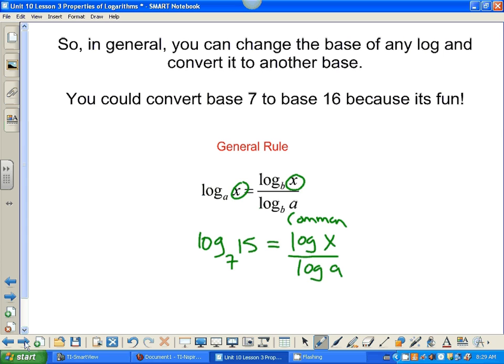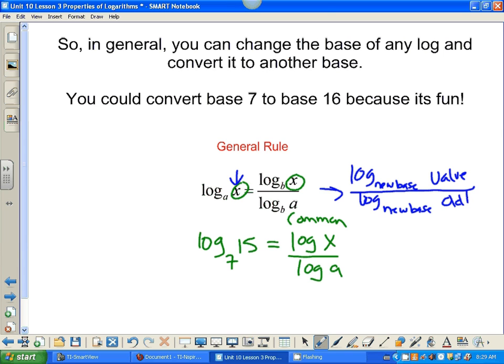Again, for those of you that need more words, what this general rule means is we're going to take the log and we're going to pick a new base, and that can be any base we want. And then I'm going to look at the original value, and I'm going to take a ratio or divide that of the log of the same new base we picked of your old base.